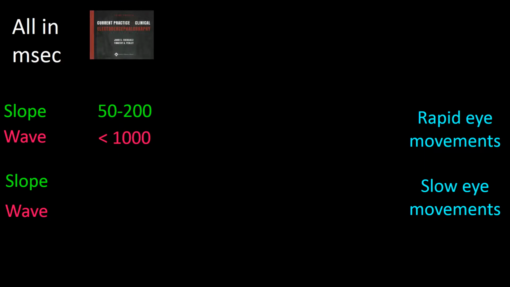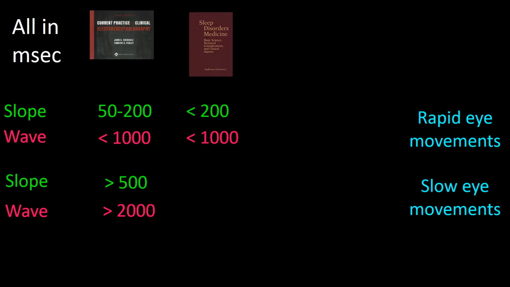Ebersol classified rapid eye movements as those with a rise time or a slope between 20 and 200 milliseconds and a wave duration of less than 1 second, and slow eye movements as those with a slope or rise time more than 500 milliseconds and a wave duration of more than 2 seconds.